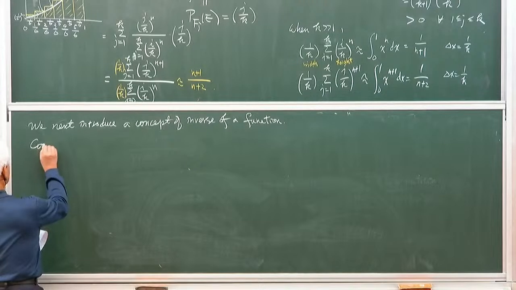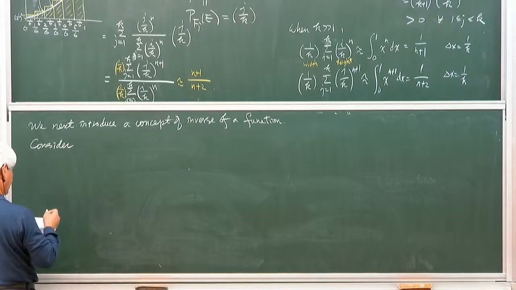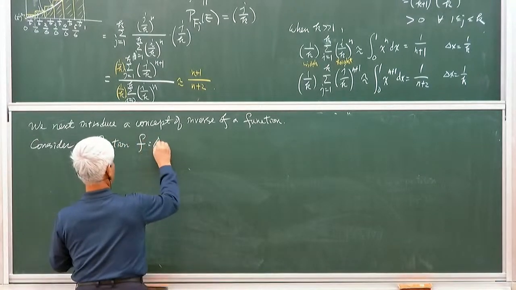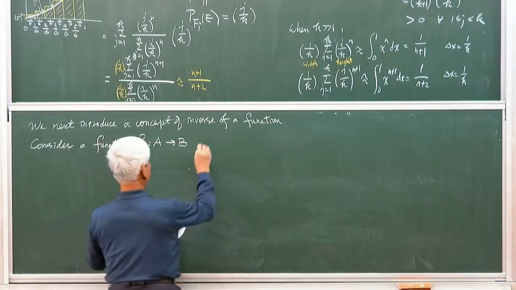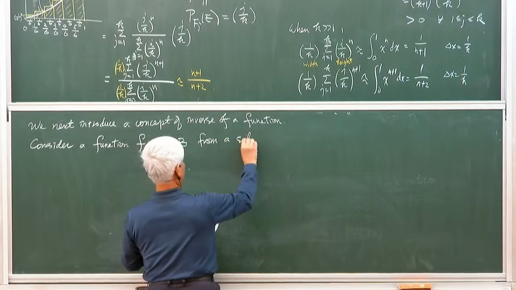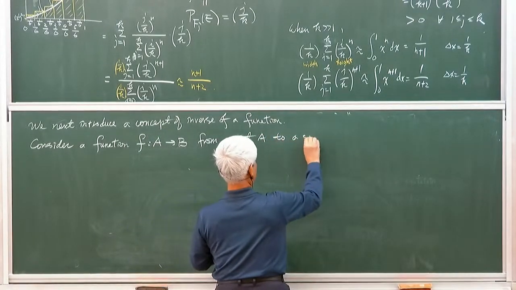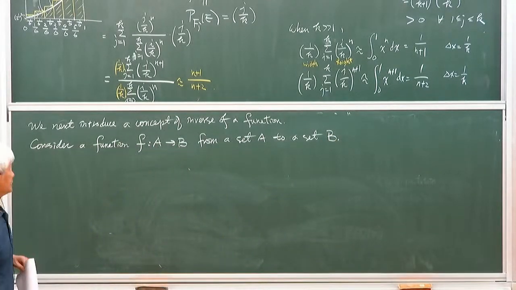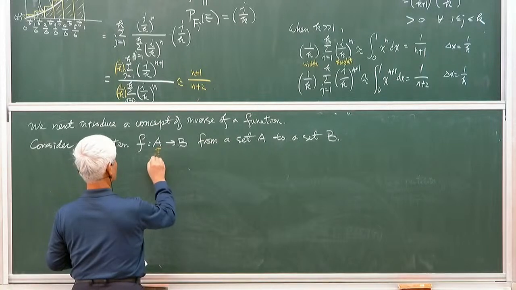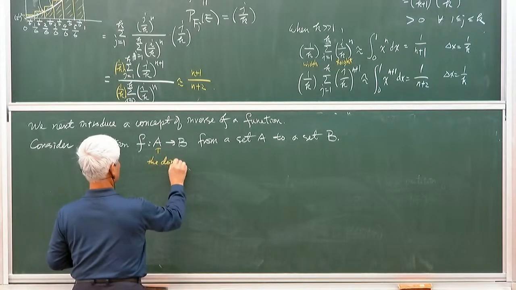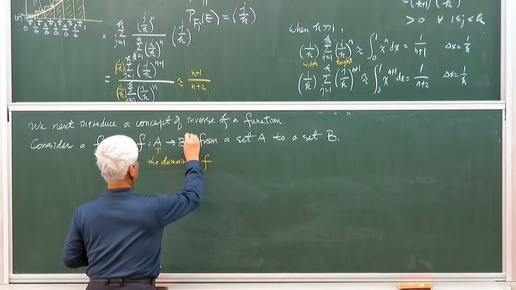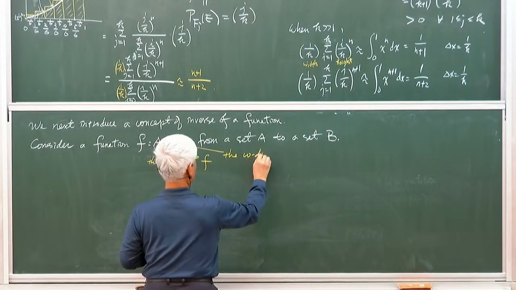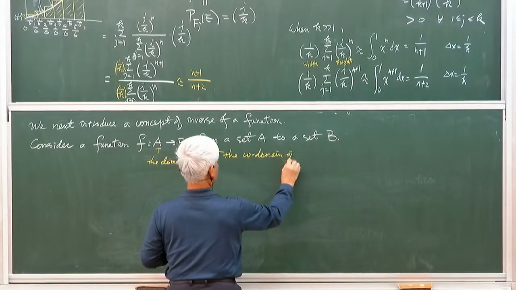Right, so now consider a function f from a set A to a set B. In the terminology of set theory, A will be called the domain of f, and B is called the codomain of f.